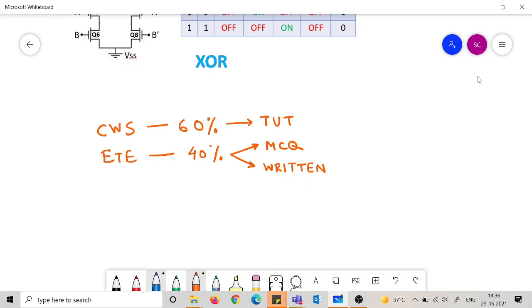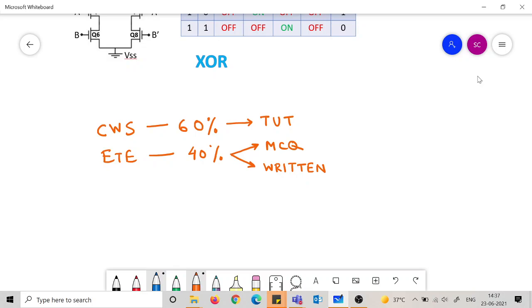Like in the tutorial, you get the problem sheet at the beginning of the hour, and by the end of the hour you have to submit it after solving the questions. In the same manner, we will take the written examination. The duration may be more than 1 hour, that will get decided. I am not sharing the duration of each of these parts at this moment, but some part is written, some part is MCQ.